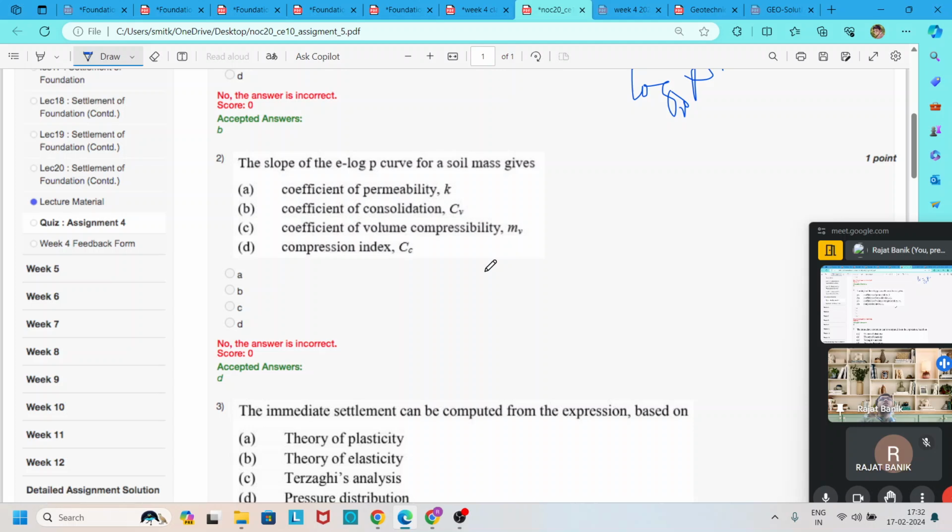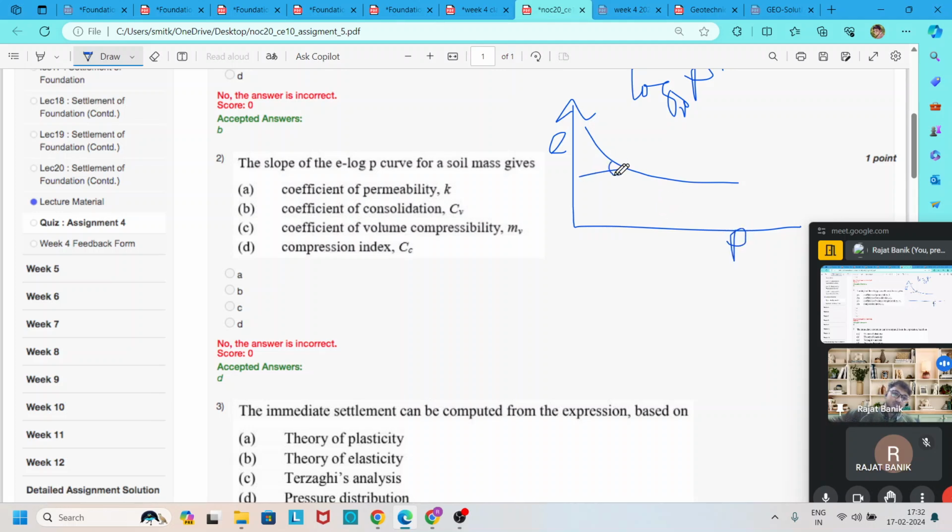If you remember, in lecture 19, in the last part, we came across the e versus p curve.